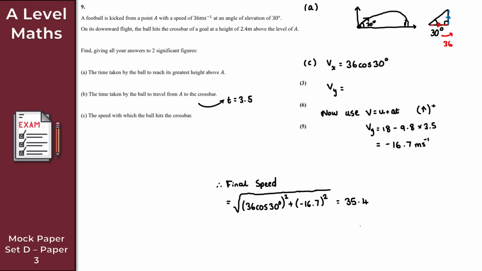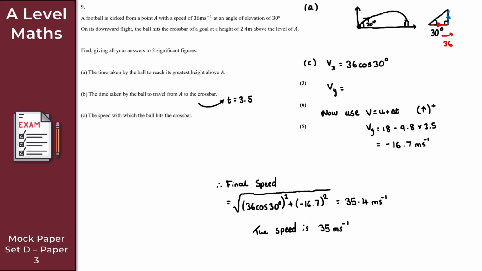This is the final speed. Let's not forget the units, meters per second. So the speed with which the ball hits the crossbar to two significant figures is 35 meters per second. Good stuff.